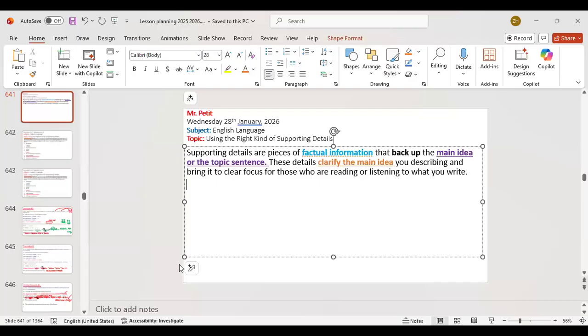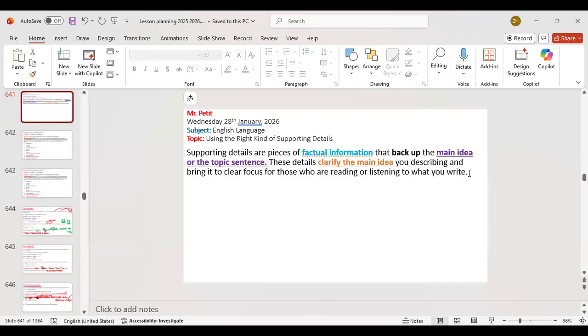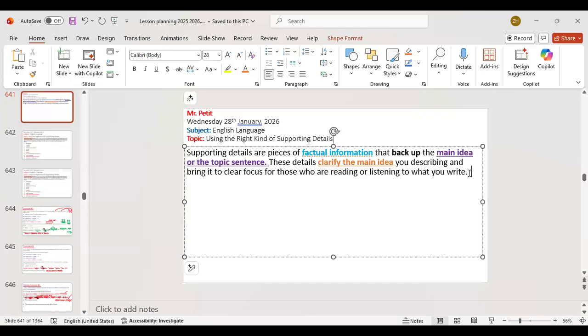So let me ask you a question. What if you start a paragraph and you don't have a topic sentence? Is that right? No, sir. Why is it not right? Because basically you need to know what the story is. Yeah, because if you don't have a main idea or topic sentence, how do you have supporting details?